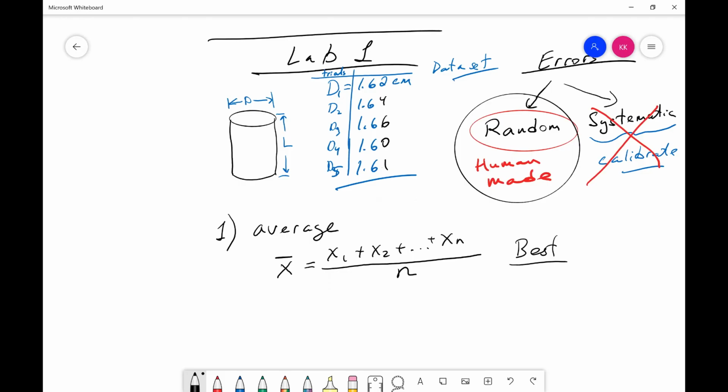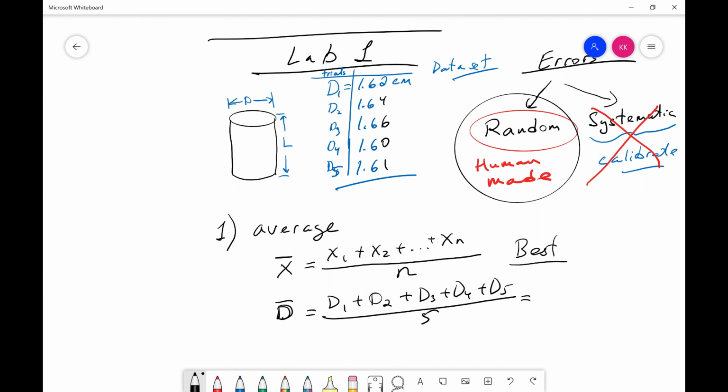Not actually your data points, but the calculated average will be the best possible value for your diameter. So for the diameter, I put D bar, which will be D1 plus D2 plus D3 plus D4 plus D5, divided by 5 because I have 5 measurements.